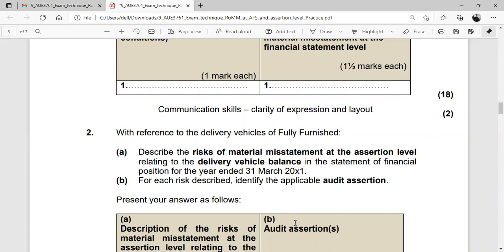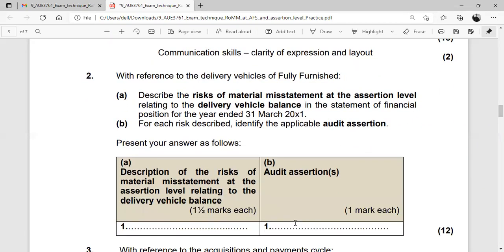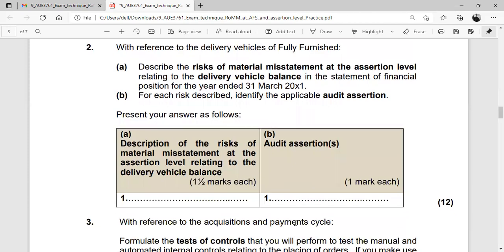Okay, so now we're getting into assertions, and this is how we're supposed to answer. We're supposed to present our answer in two columns. Column A, description of the risk of material misstatement at the assertion level, and then column B, that's when you mention the particular assertion.